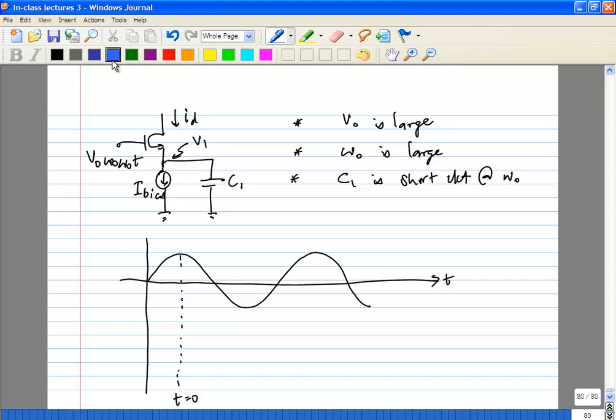The transistor will definitely be on, so C1 will get charged along with V0. But then when the gate voltage goes down, the transistor will get cut off, and the capacitor charge stays constant, and it will slowly start getting discharged through the bias current. So this one turns off, and the current source will start discharging the capacitor till the next cycle, when it turns on again, and so on. This will happen every cycle.